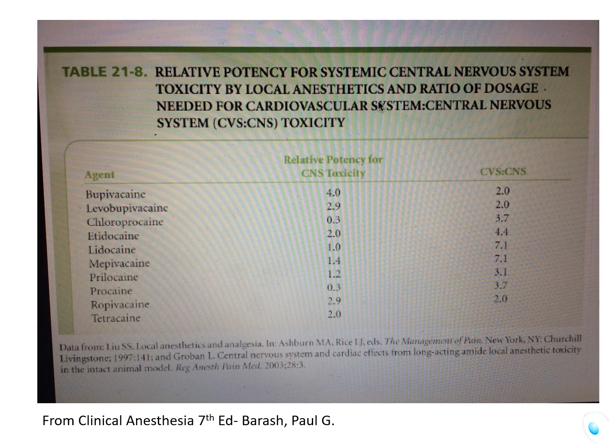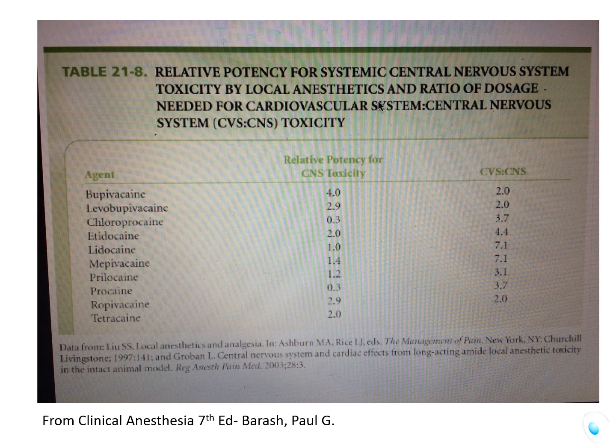This slide shows the relative potency for systemic central nervous system toxicity by local anesthetics and the ratio of dosage needed for cardiovascular system to central nervous system toxicity. So when looking at the chart, the relative potency for CNS toxicity is highest for bupivacaine at 4.0, and its lowest is for procaine and chloroprocaine at 0.3. This is why I mentioned earlier that chloroprocaine has a very low risk for systemic toxicity.